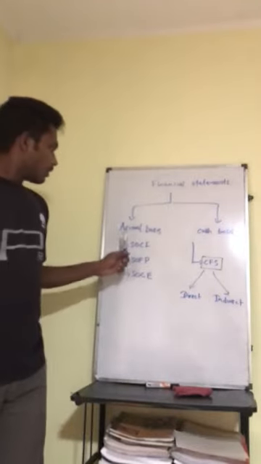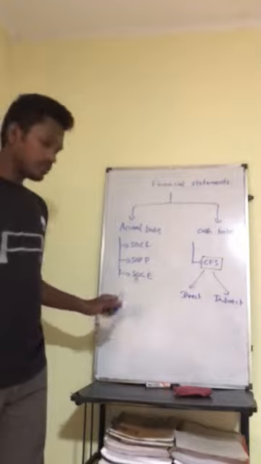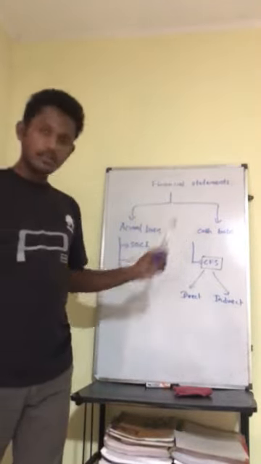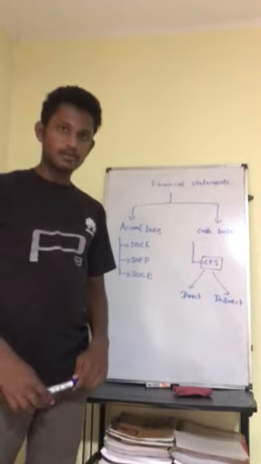The statement of comprehensive income, statement of financial position, and changes in equity statement are prepared in accordance with the accrual basis, and the cash flow statement should be prepared on the cash basis.